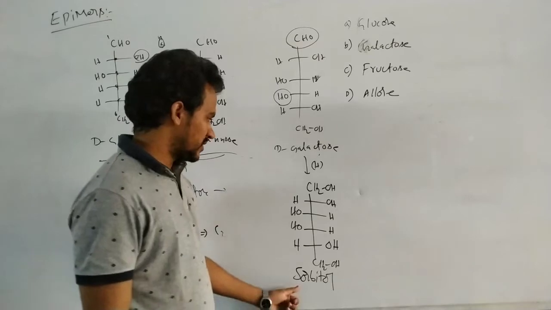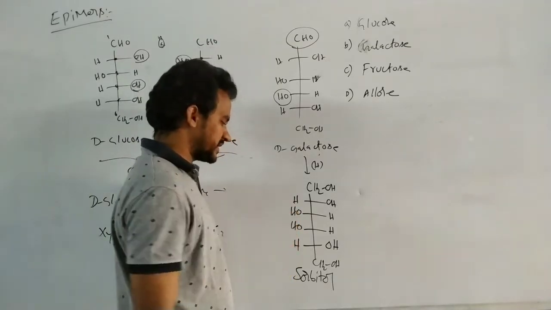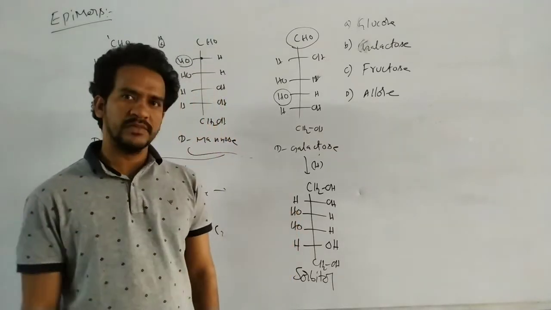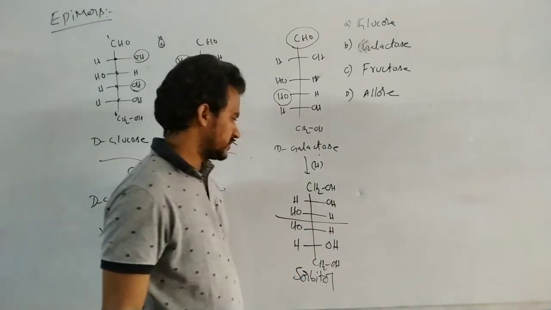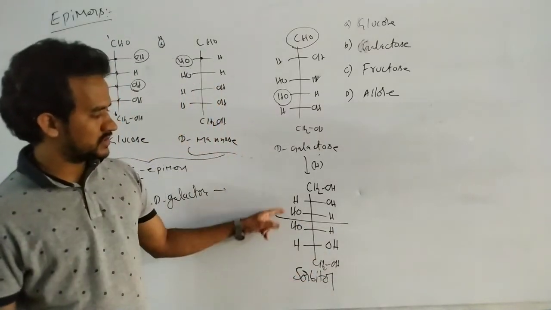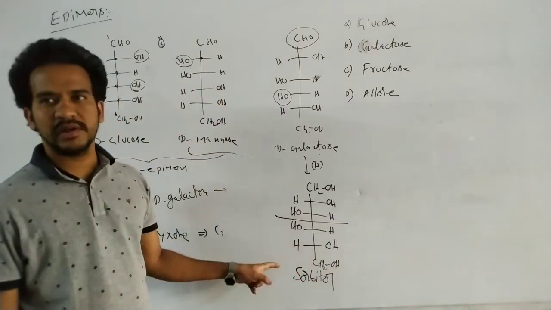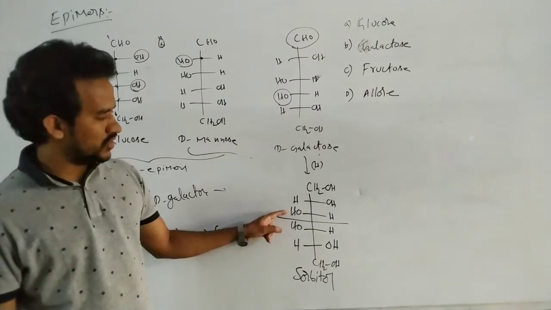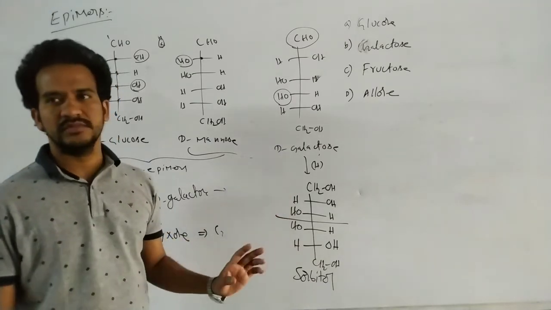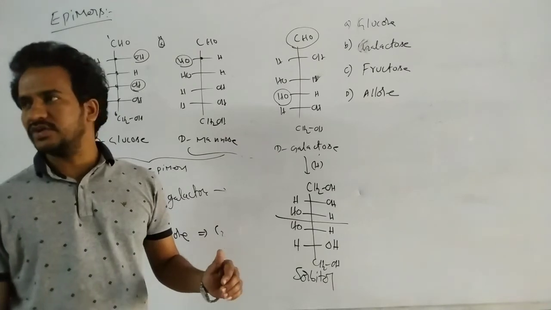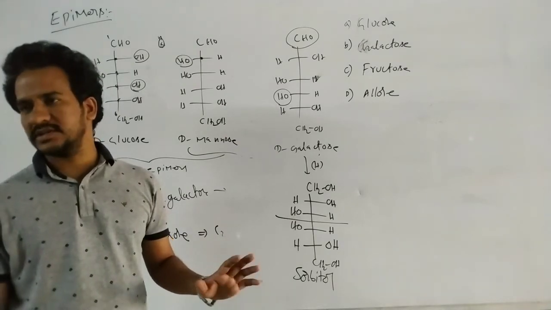Sorbitol. Okay, here in this case, is this product optically active or inactive? Inactive, because this one has a plane of symmetry. This one can be cut into two equal halves, and these two equal halves are the mirror images. Because OH, OH, hydrogen, hydrogen, CH2OH, CH2OH.